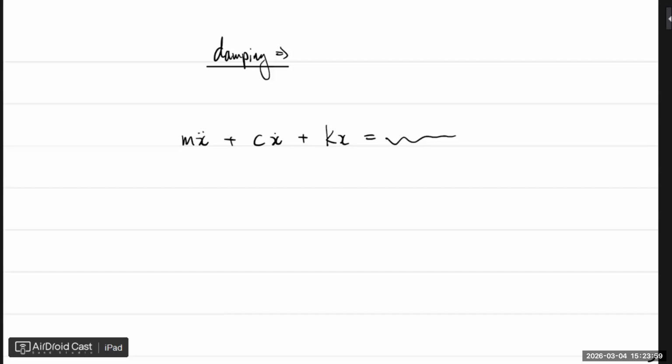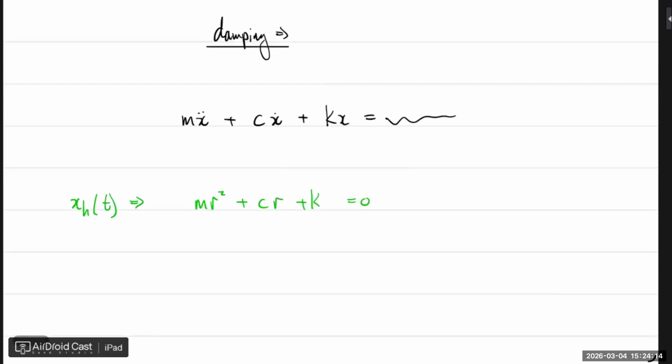And to get the homogeneous solution to this differential equation, that's equal to 0. It might not always be, but we're going to almost always look at the case where the solution to this one is a complex number, just like we had earlier.